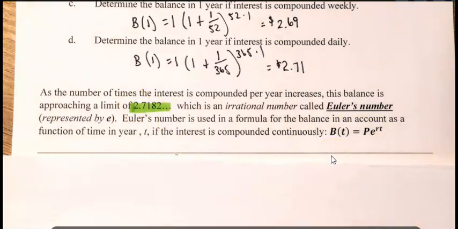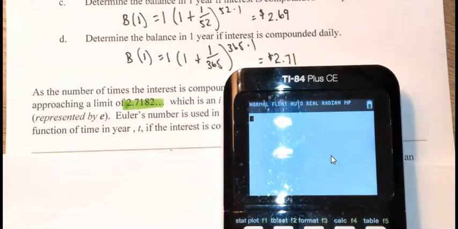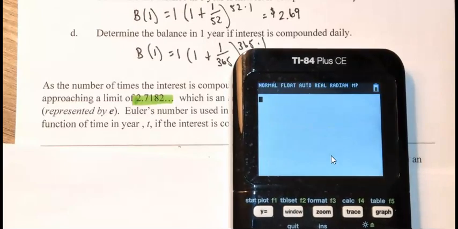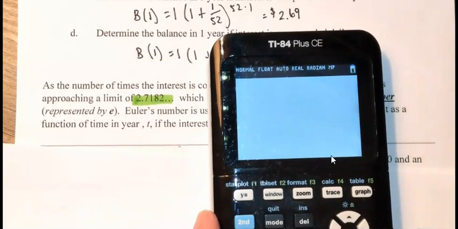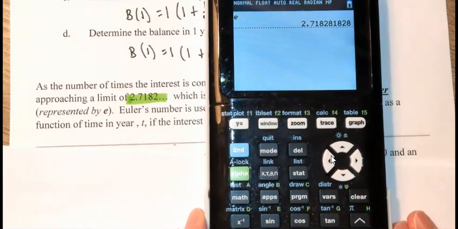Now, if you have a graphing calculator, I'll show you where that number is located. This is the TI calculator, but you can also type this in Desmos, and it does recognize e as Euler's number. You'll type second divide, and it'll pull up the e, and when you press enter, it's going to give you a decimal representation. Now, keep in mind, this number never repeats, and it never terminates.